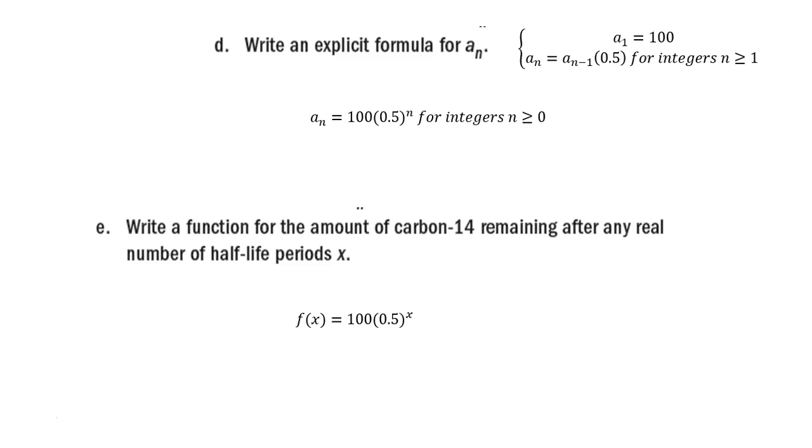We could plug in negative numbers if we wanted to, but in the context of the prior formula, we're just going forward in time, not going backwards in time. So this is our function for any real number, which is exactly the same as this formula here, in the context that x can be any real number.